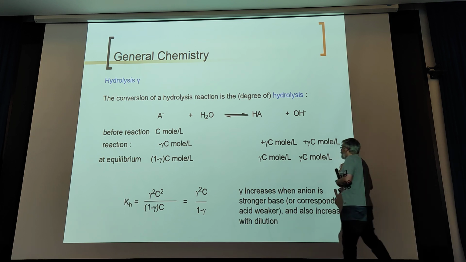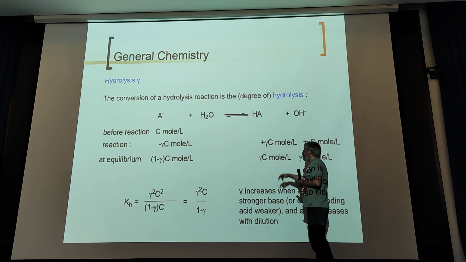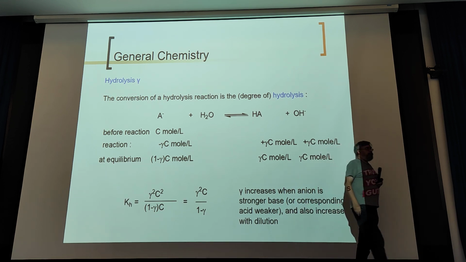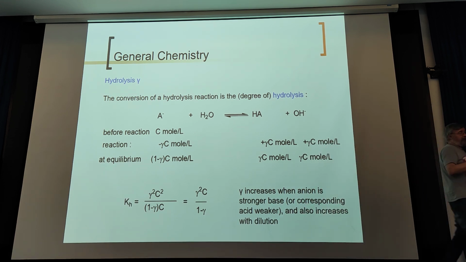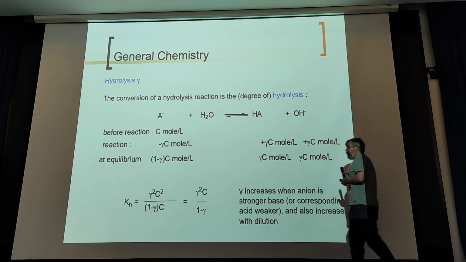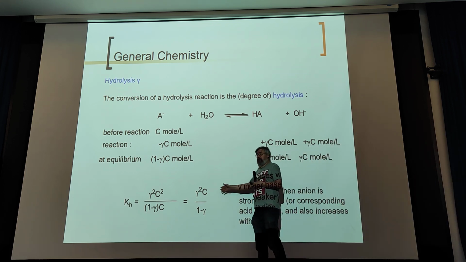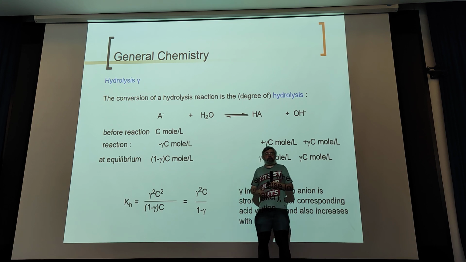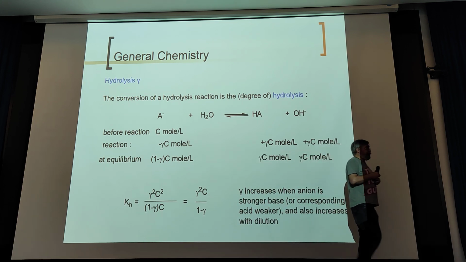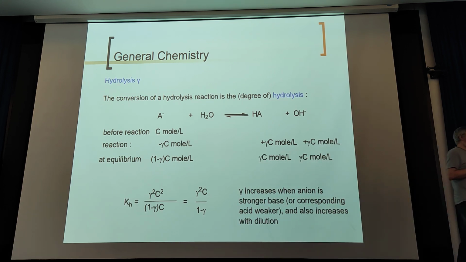The HA that is forming and the OH minus that is forming is gamma. So that means we actually have a conversion like this. This is very similar to the exercise that we saw previously. And now with this formula you can calculate K if you have gamma, or calculate gamma if you have K.